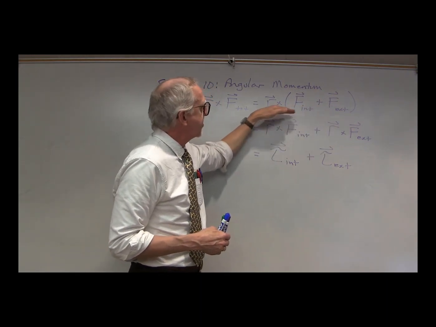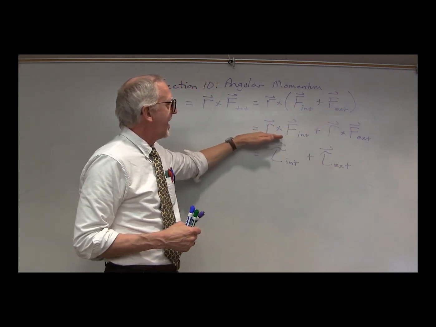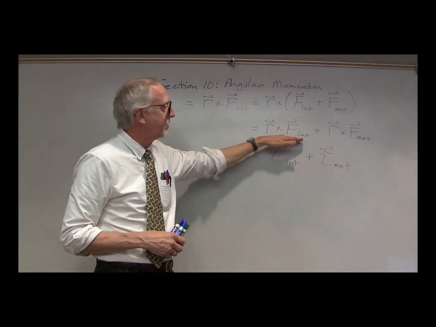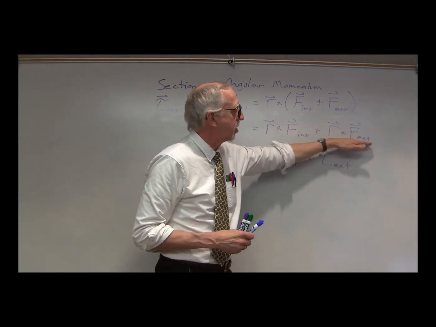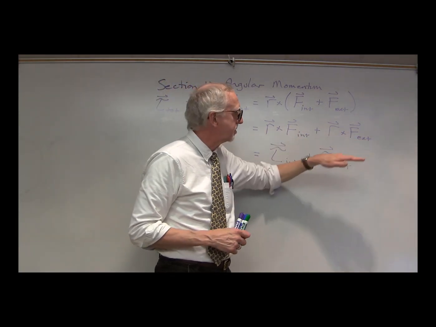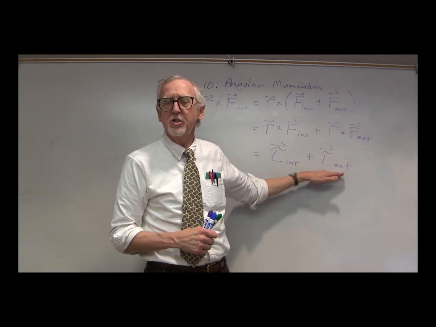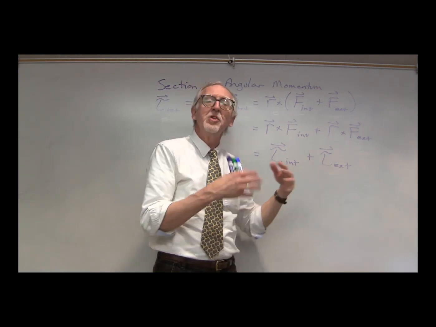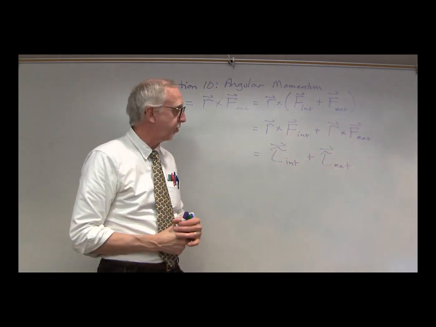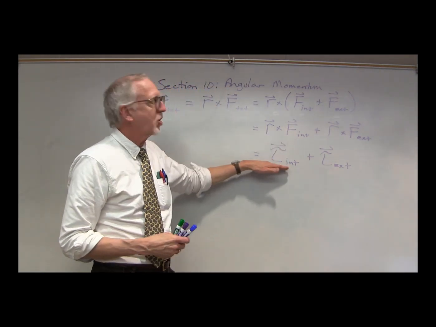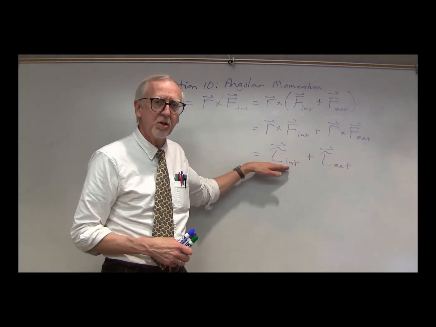Taking the cross product of a sum, we can write this as R cross all of the internal forces plus R cross all of the external forces. The R cross the external forces will be the total external torque acting on the system, the torques from all external forces. This term is the total torque from all of the internal forces.